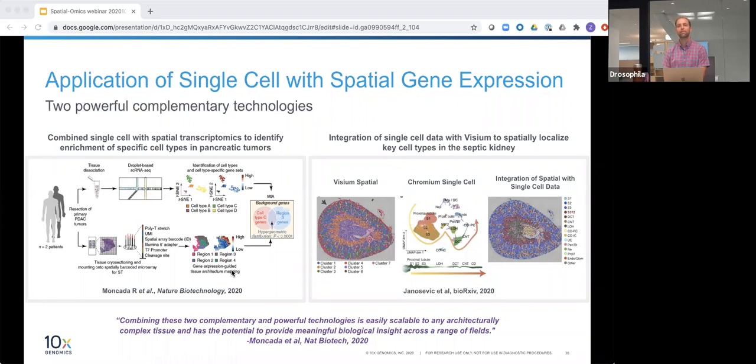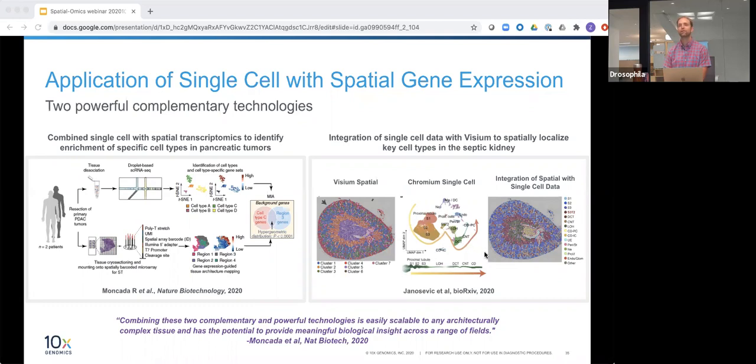Similarly, the paper on the right is a bioRxiv paper looking at acute kidney injury as a result of sepsis. And again, if you see this image here, this is your standard output in Space Ranger. You're looking at the spatially naive clustering. You can see these unique clusters. Running single cell analysis, you can see the single cell clusters.